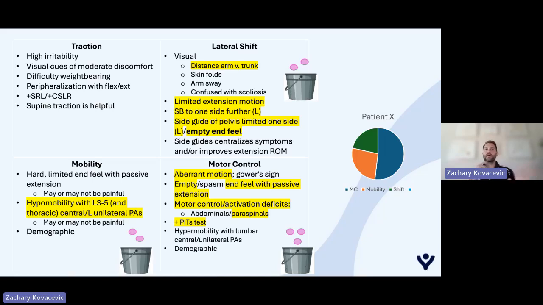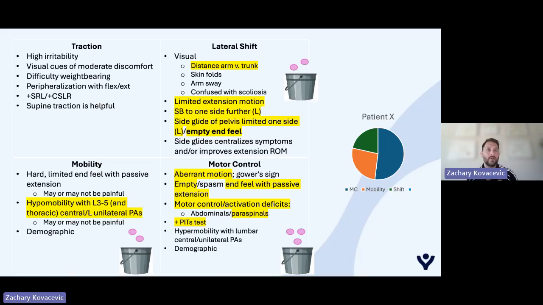So again, take a step back. Let's look at the pie chart, if that's your preferred visual, or you can look at the impairment buckets with the marbles. From the pie chart perspective, we have large motor control deficits with second place maybe tied between mobility and a lateral shift. So if we're thinking to ourselves, where do we start, right? Where would we start based on this data?